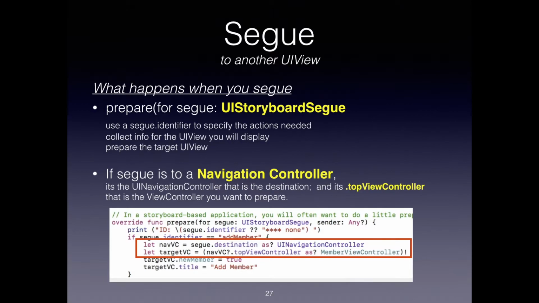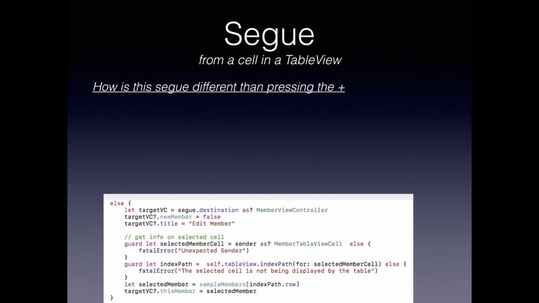Finally, you're going to use the prepare for segue as the place where you set things up in the target view controller. So one of the things you want to set up is you want to tell that controller that this, in fact, is a new member if you're segueing from the plus key. And you want to set the title as add member. So these are the two things you would do if you're doing a segue to that.